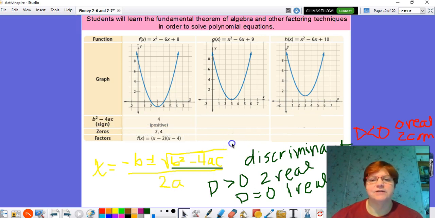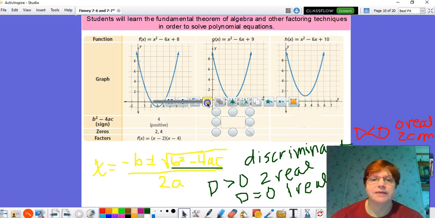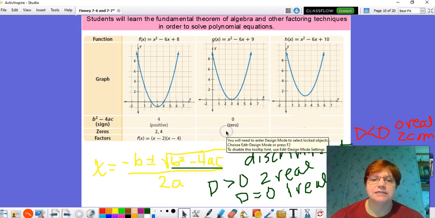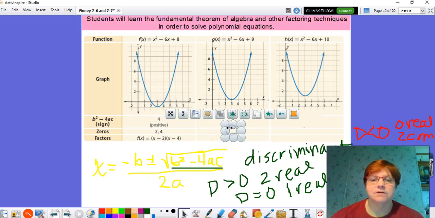All right, so let's take a look at the next one. Now, this time, what's our discriminant? Well, our discriminant is negative 6 squared, which is 36, minus 4 times 1, which is 4, times 9, which is 36. So 36 minus 36, which is 0. Since our discriminant is 0, that means we have one solution, at 3.